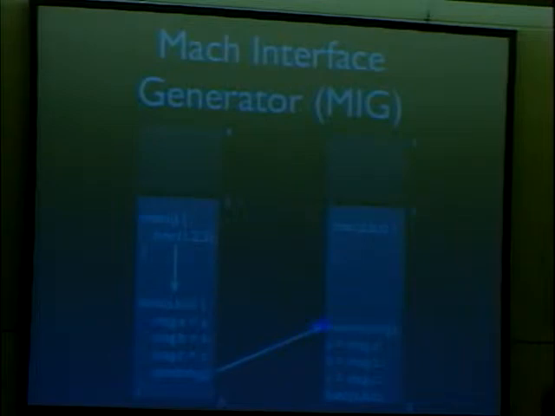The other task then receives the message, decodes it, and calls the local func. The return value will be sent in an analog way. So, effectively, a function in task 1 just calls a function in task 2. The blue code is generated by MIG from an interface definition file.